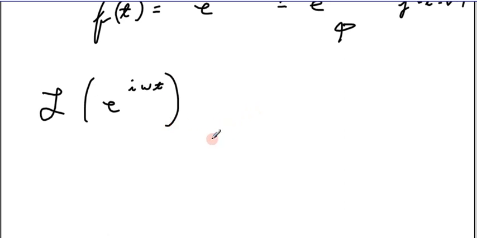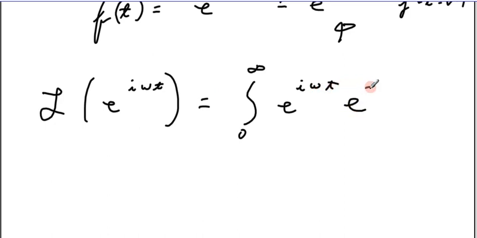Okay, well, that seems like a reasonable thing to do. Integral 0 to infinity, e to the i omega t, e to the minus st dt.